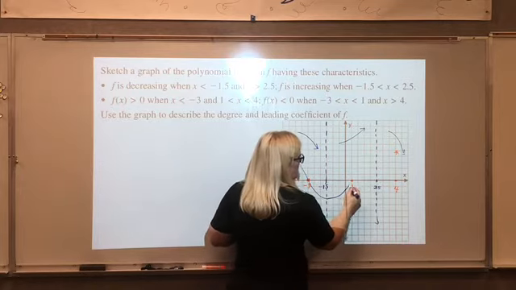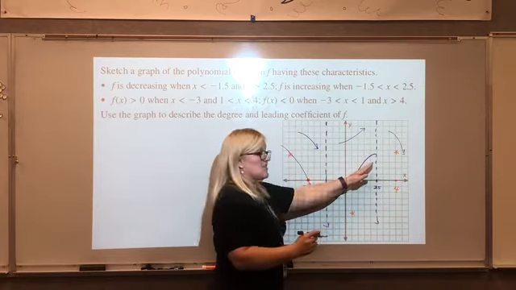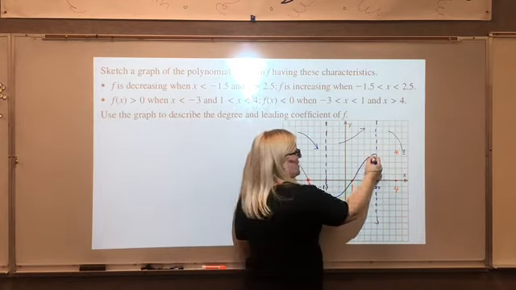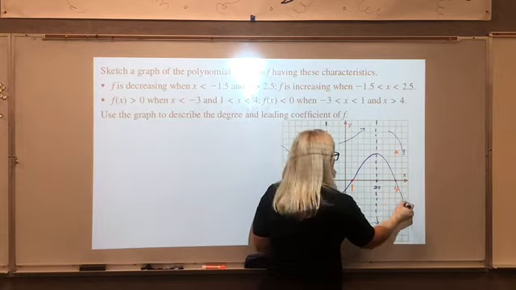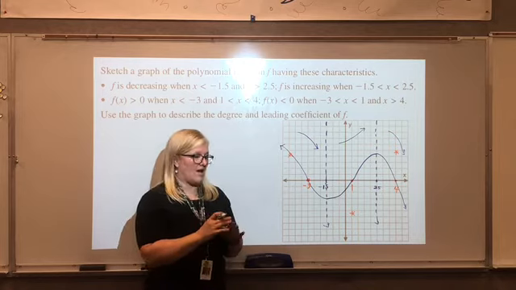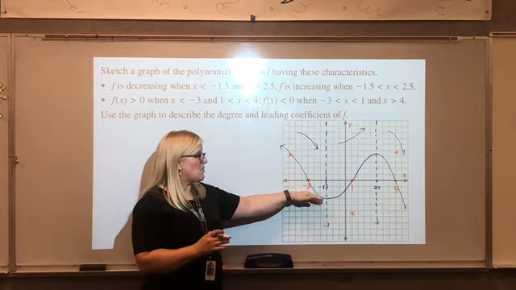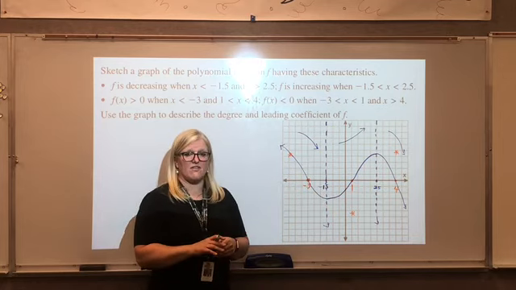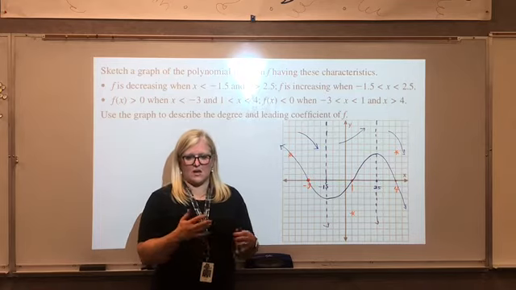So this is coming through, increasing, increasing, increasing, until again I hit that line, and now I am decreasing and I have to cross the x-axis right there. So we've got two different things going on: where it's decreasing and increasing, and where it's positive and where it's negative. So hopefully that makes sense. You may need to watch these a couple of times.